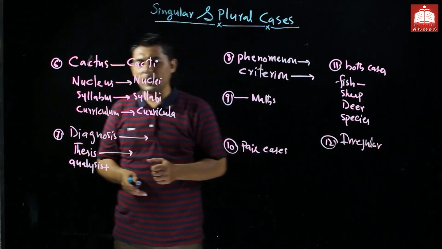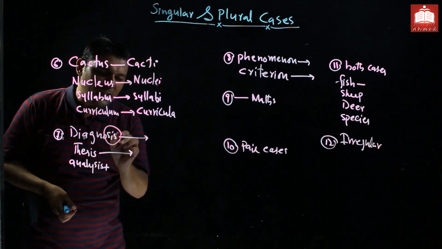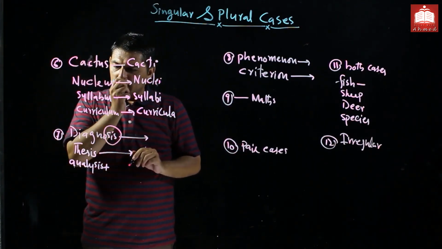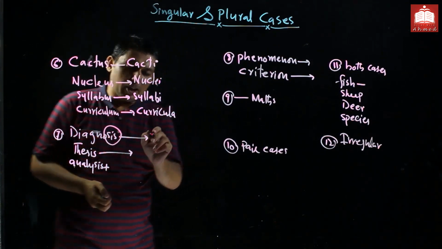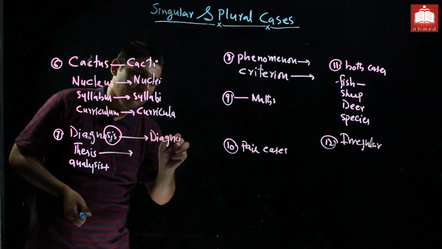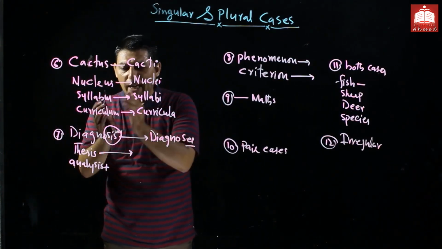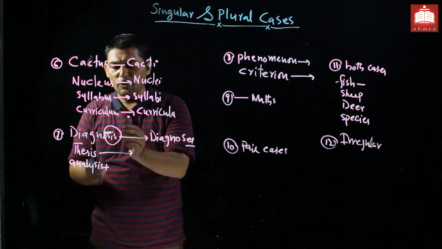Okay, number second example, diagnosis. At the end of the noun we have SIS. This is the singular case. To make it plural, we have diagnoses. Diagnosis has an S sound and short I sound.